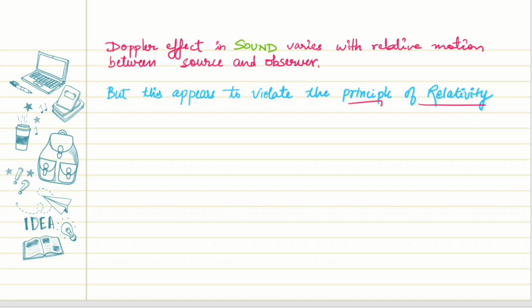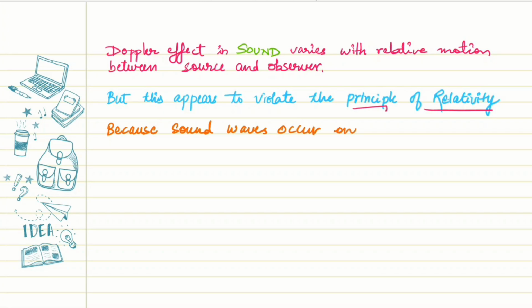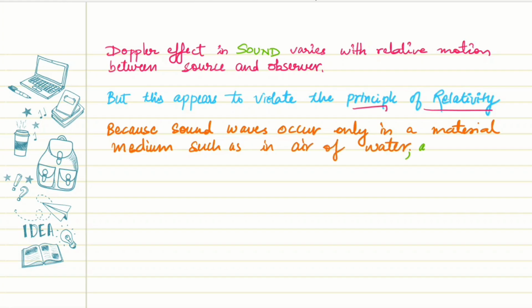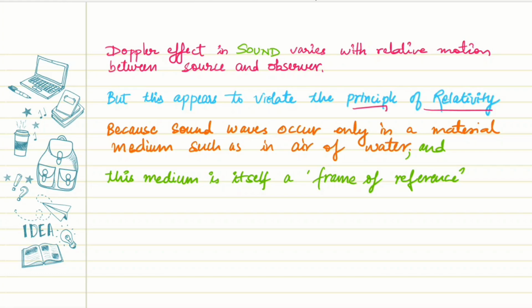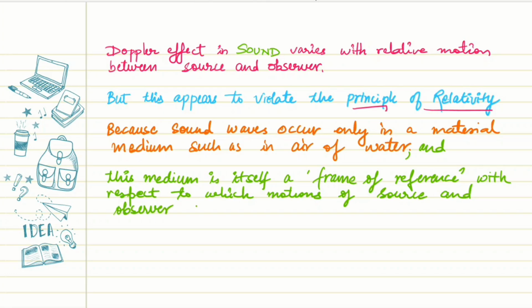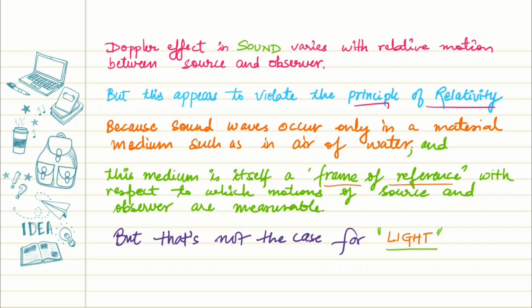Because sound waves occur only in a material medium such as air or water, and this medium is itself a frame of reference with respect to which motions of source and observer are measurable. But that's not the case for light.